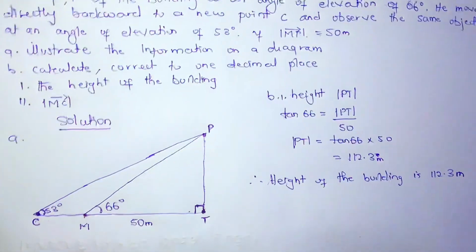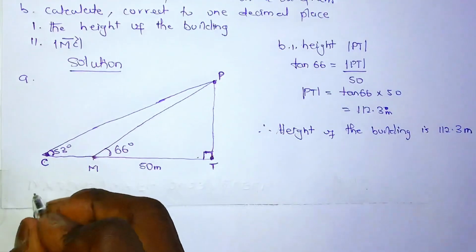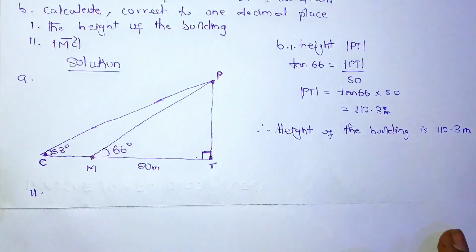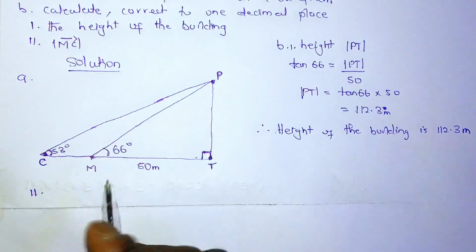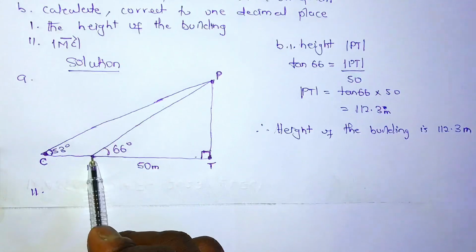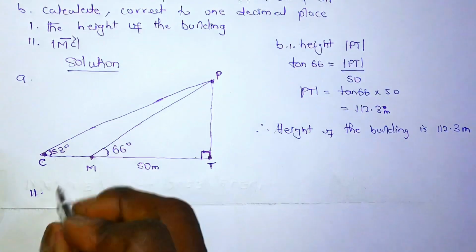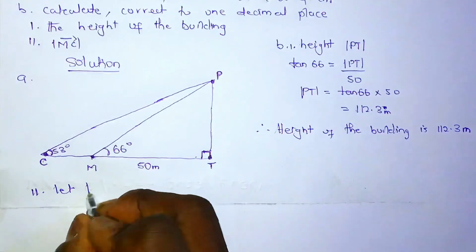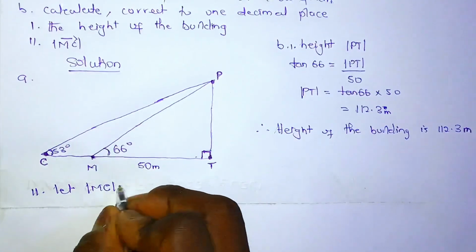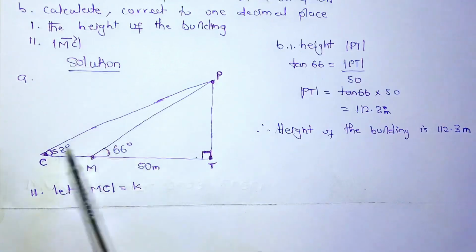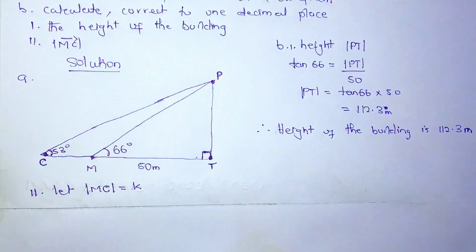Now B II. We are asked to find MC. So from the first standing point to the other one, MC. So let length MC be equal to, say, K. So now we are going to take the bigger right angle triangle with an angle of elevation of 53.